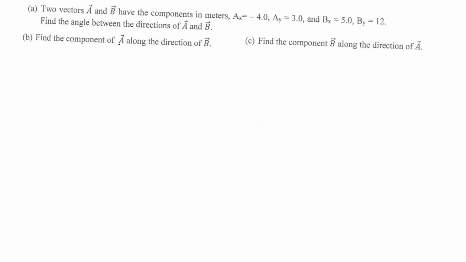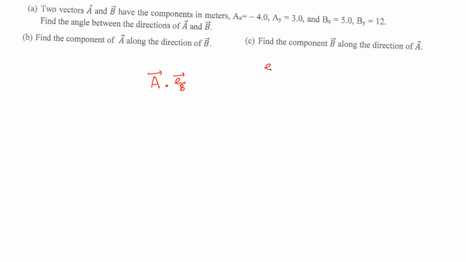So find the component of A along the direction of B. In order to find the component of a vector along a second vector, you have to take the first vector dot the unit vector along the direction of B. Let me call it EB vector. EB vector is a unit vector along the direction of B.